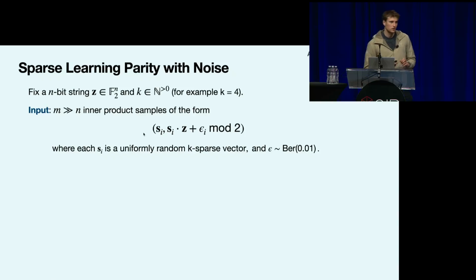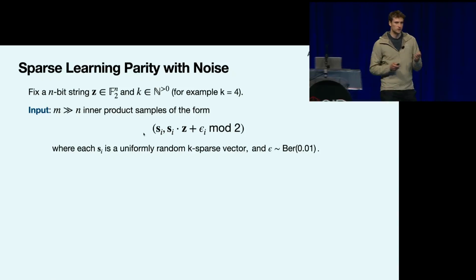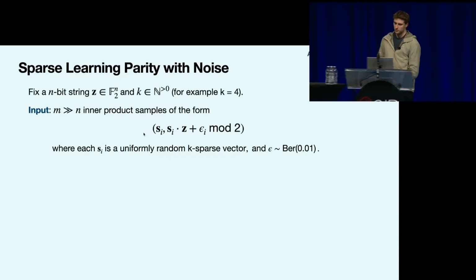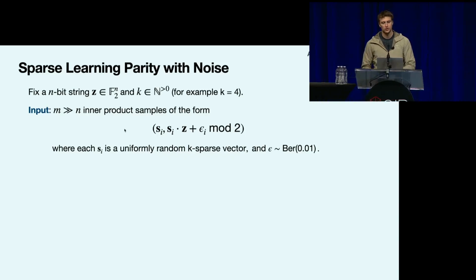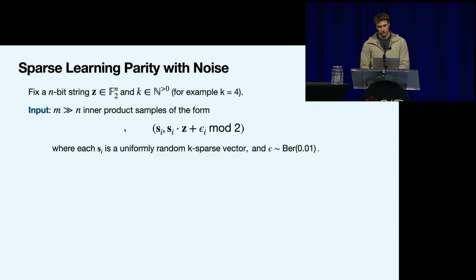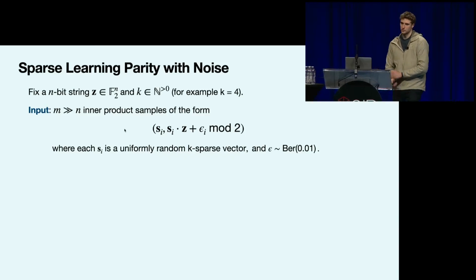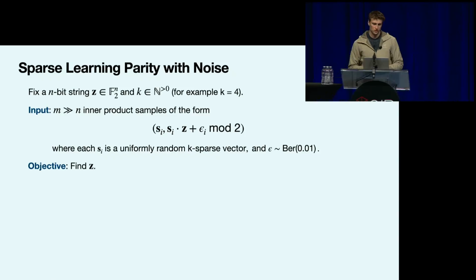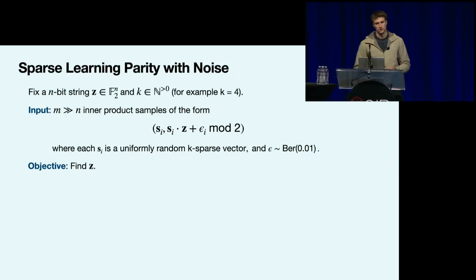The right-hand side is the inner product between your secret key z and this randomly chosen vector S_i, added with some Bernoulli noise, epsilon_i, which is just bit noise: with 99% probability it's 0, and with 1% probability it corrupts the inner product bit, so it's 1. So this is the input, m of such noisy inner product samples. And the task given this input is to simply recover z, to find this hidden key z.